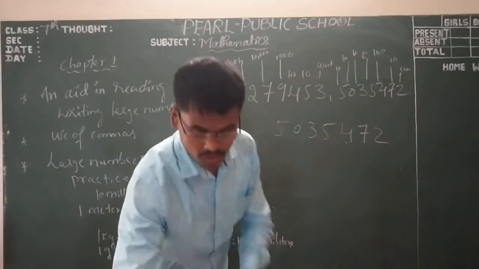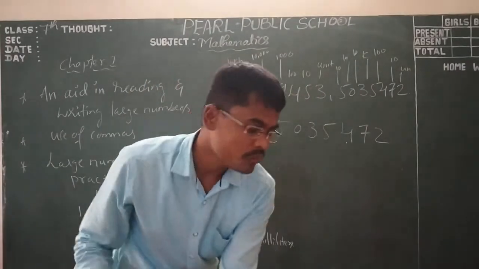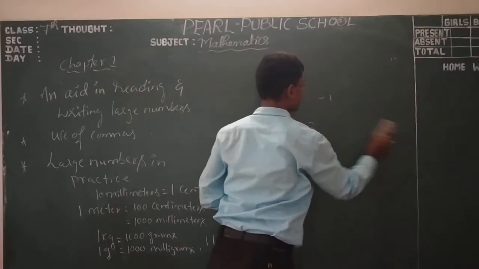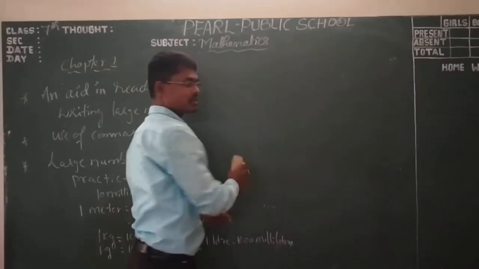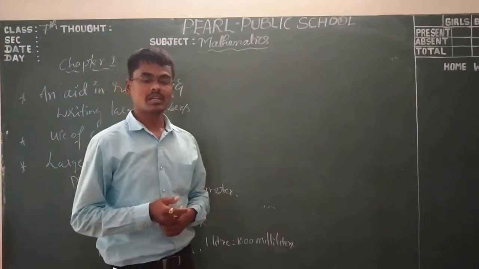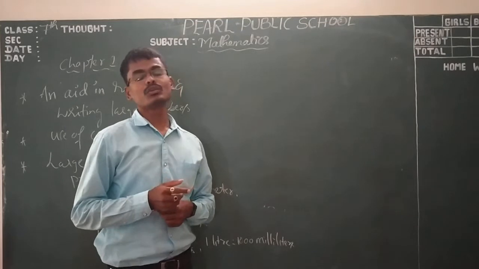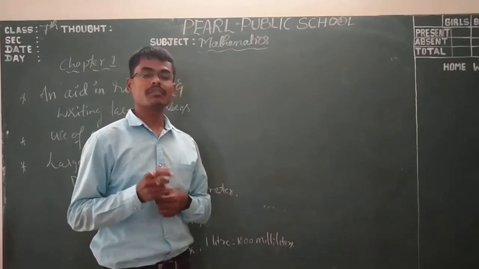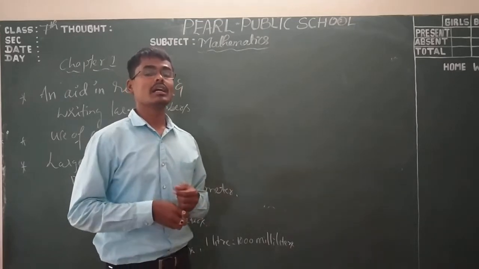Then students, after writing the large numbers, sometimes we may feel somewhat of a difficulty to read and write them. At that time we are going to use some commas. That will be very helpful to read and write the large numbers.